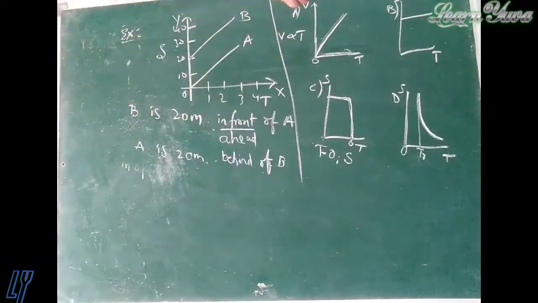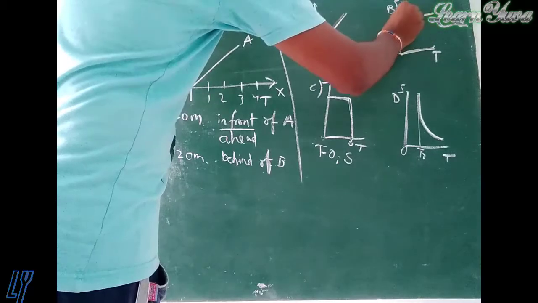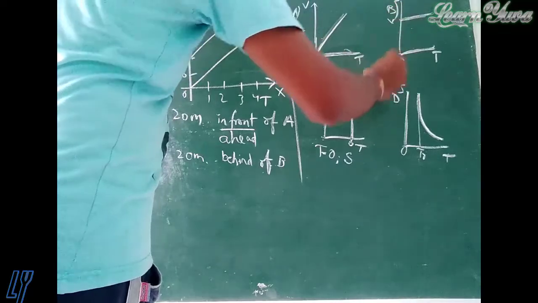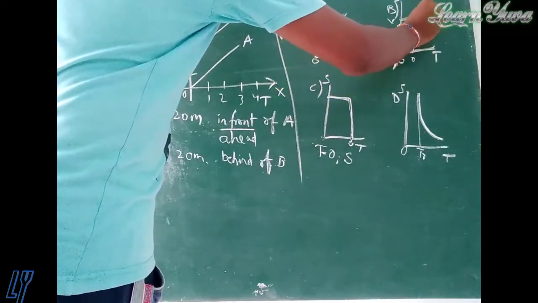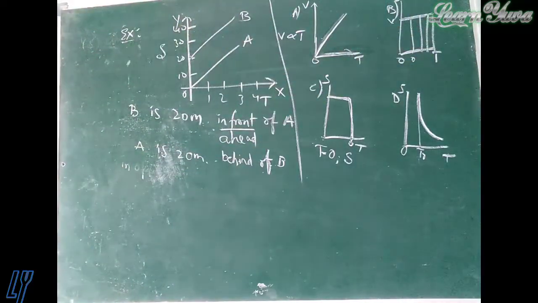Okay. So if you observe B, as the time increases, the velocity is constant. The velocity is not changing. At the time 0, it is V. At the time t1, same point. At the time t2, same point. t3, same point. t4, same point. So here the body is not changing its speed.